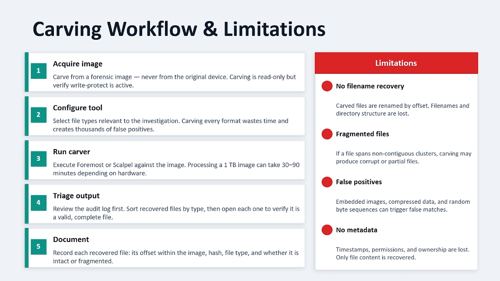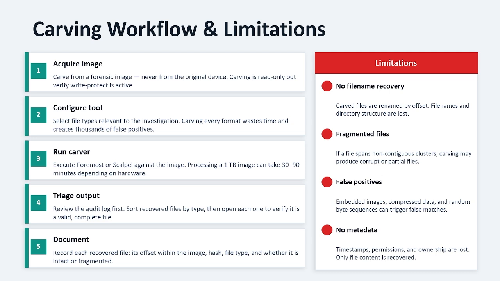So in the case of, say, a JPEG image, if you happen to look at that file and it only grabbed half of the JPEG image, well, you'll know the starting sector of that from the audit file, so you can actually go to that sector and then start looking a little bit deeper or grabbing more information. And you can verify files or discard files if they are not relevant. And then finally, you want to document all the recovered files, offset within the image, the hash, file type, whether it's intact or fragmented, and so forth.